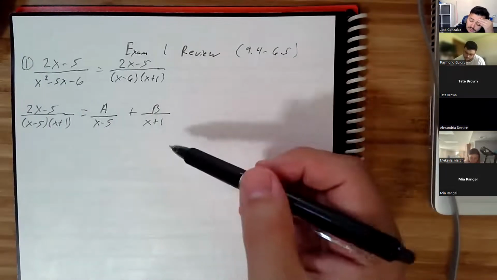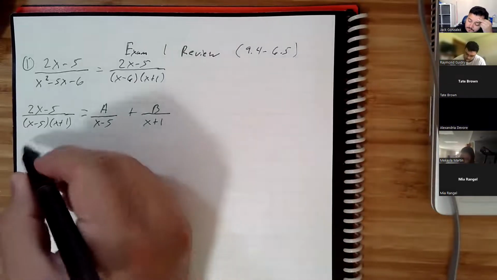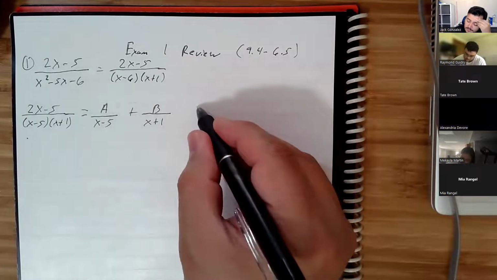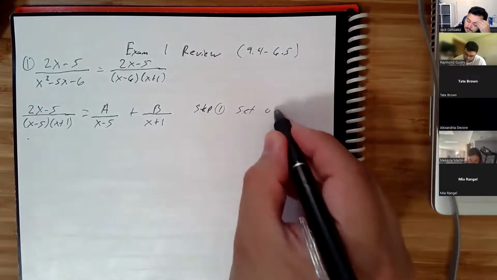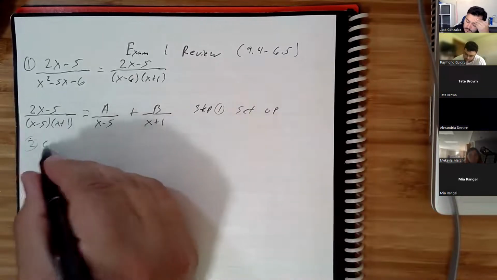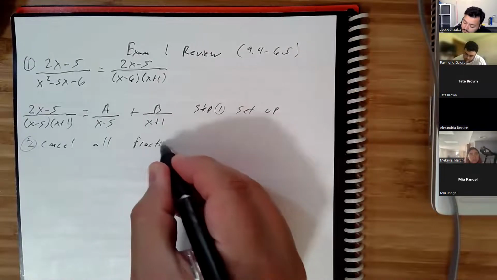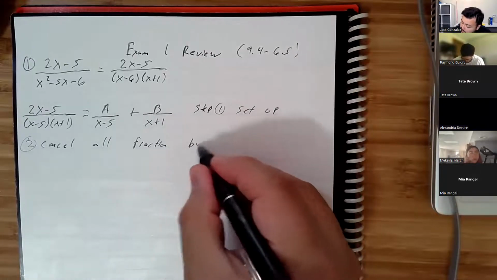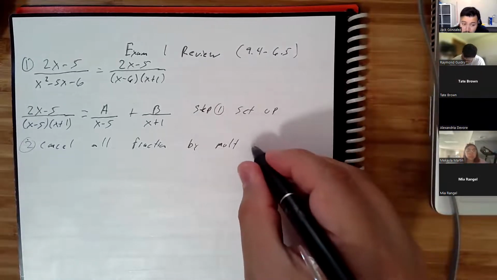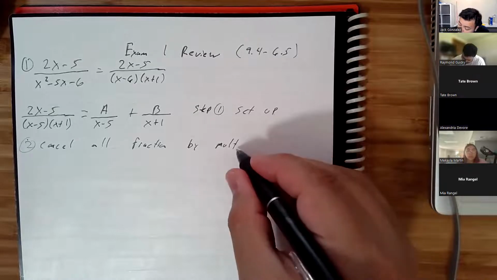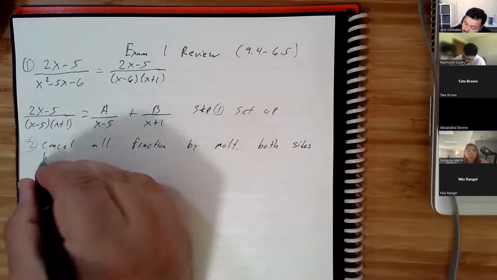So we multiply both sides by the LCD. That's step 1. Well, first is the setup, I guess. Number 2, we said cancel all fractions by multiplying both sides by the LCD.